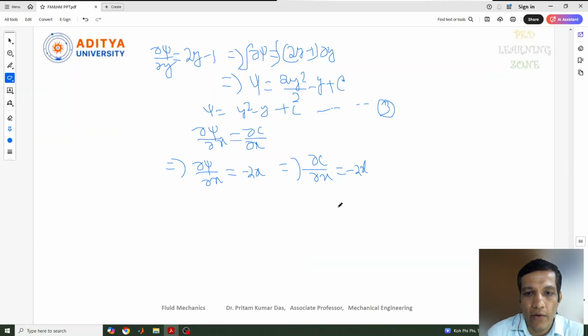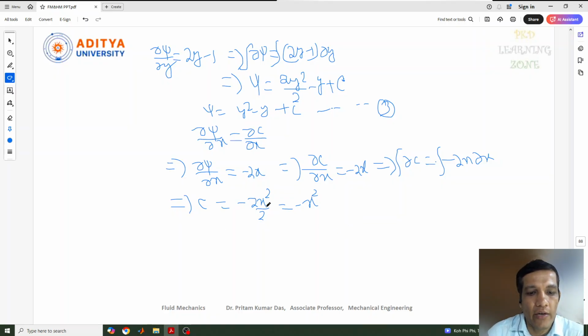Now I want to get the value of this constant, so I integrate: del c equals the integration of minus 2x del x. Integrating del c we get c, and on the right, minus 2 into x square by 2. So finally the constant term we got is minus x square.